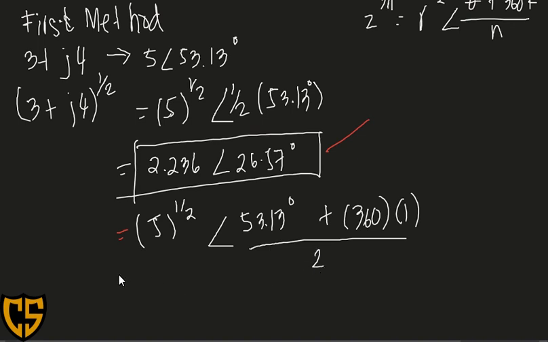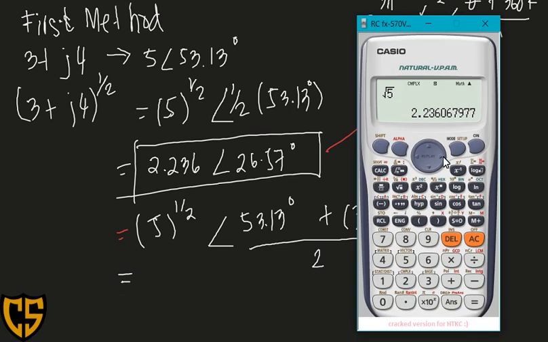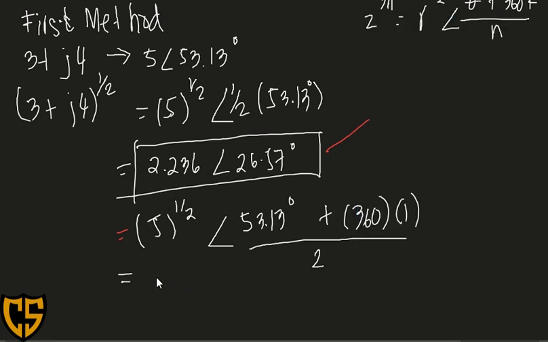So for our angle, that will be 53.13 plus 360, divided by 2, that will be equal to 206.57 degrees. So still 2.236 angle 206.57 degrees.